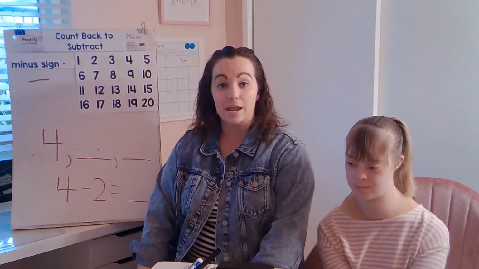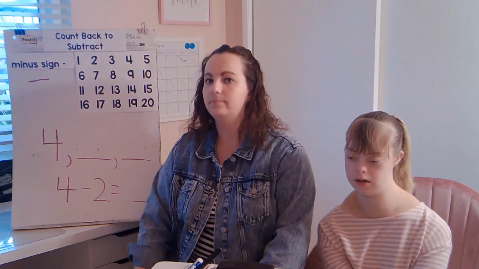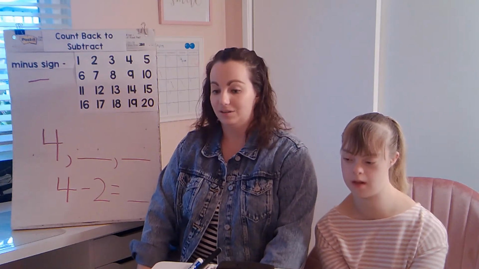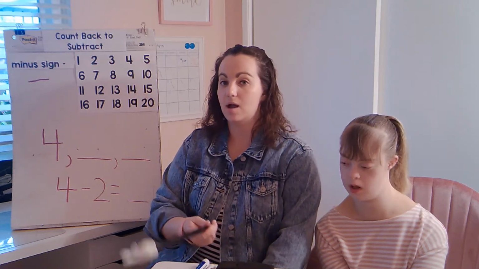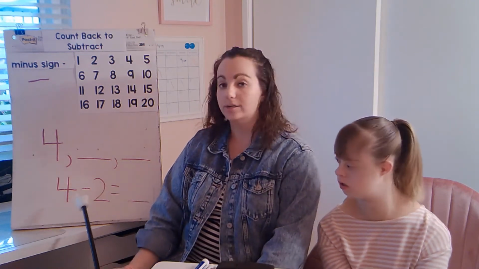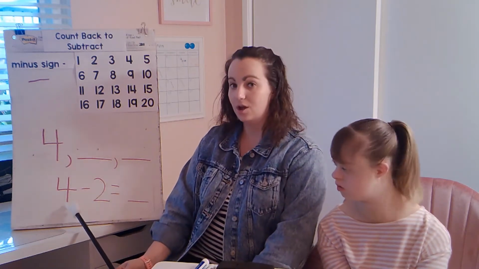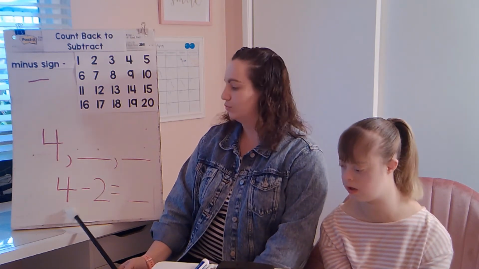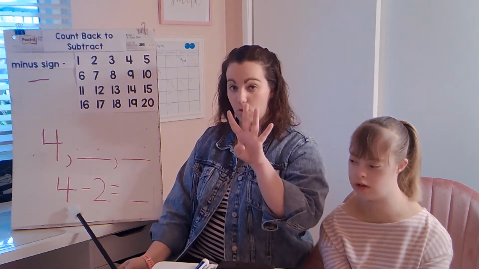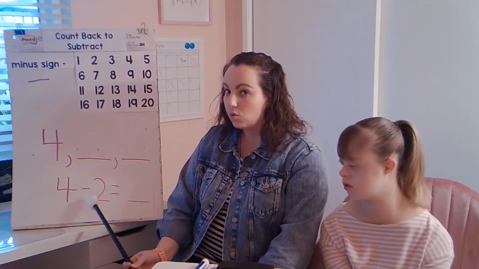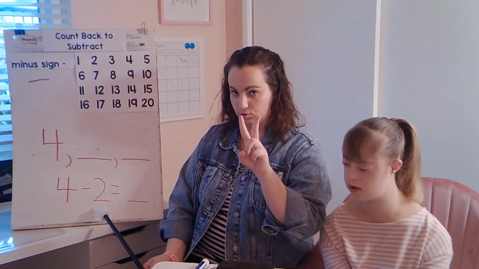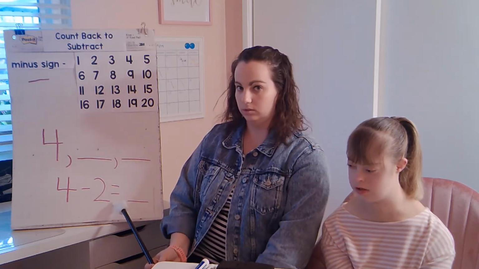Okay. Here we are with another problem to practice, okay? Let's go ahead, look up here, and read our subtraction problem together, okay? Let's read what it says. Ready, set, read with me. 4 take away 2 equals.